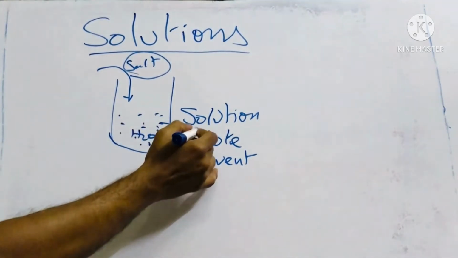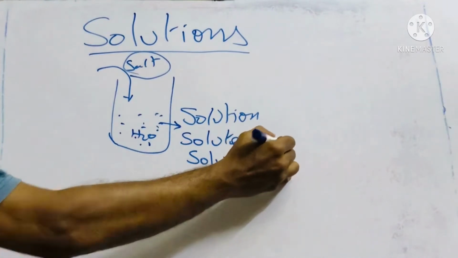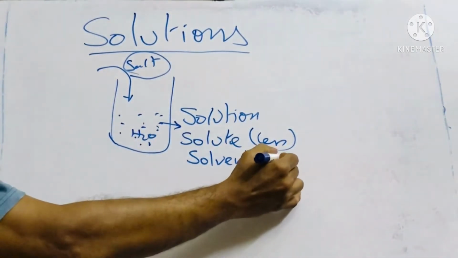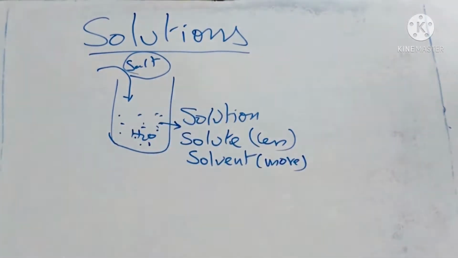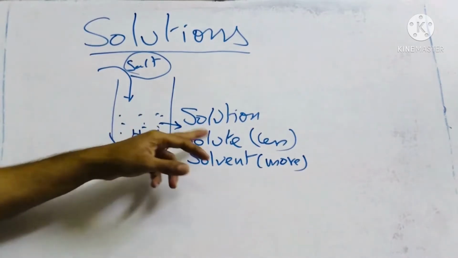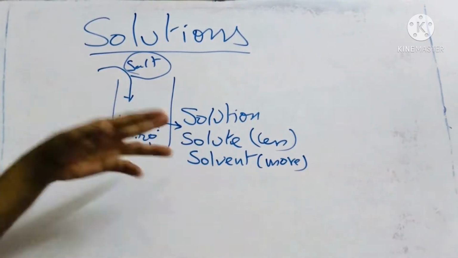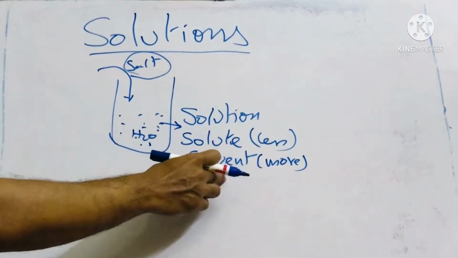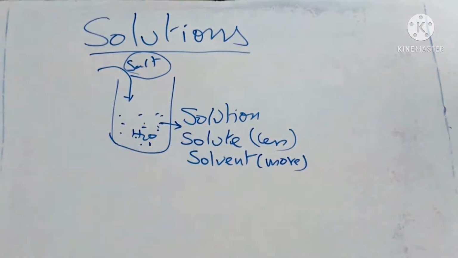The one which is in less quantity is solute. The one which is in more quantity is solvent. Remember, the component of less quantity in the particular solution is called solute. The one in larger quantity is called solvent.